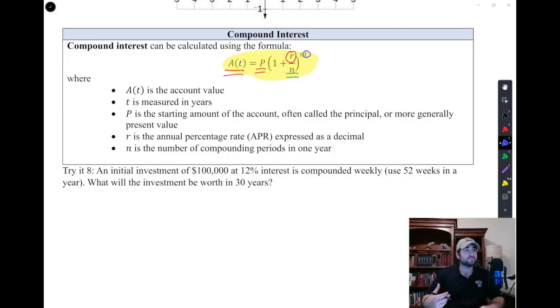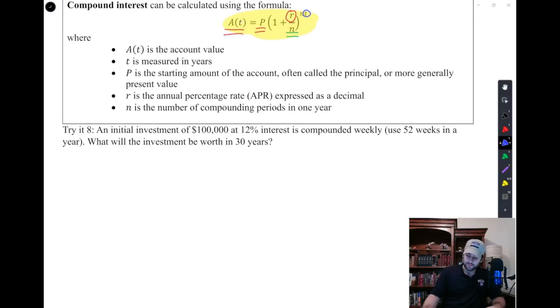So for example, let's say I invest $100,000. There's my P, or my principal, at 12% interest. There's my rate, r = 0.12. Remember, if you have a percent, you need to move the decimal over twice. P = 100,000.